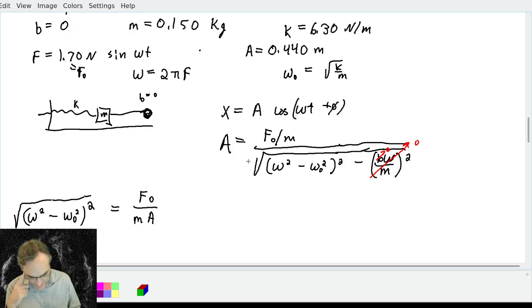The thing that's going to cause trouble is that square root of something squared. Is this stuff before it gets squared positive or negative? Is omega squared bigger than omega naught squared, or is omega naught squared bigger than omega squared? We can't tell which way it is once we've taken the square root. It introduces a sign ambiguity.